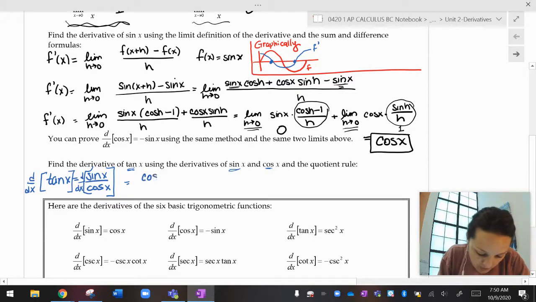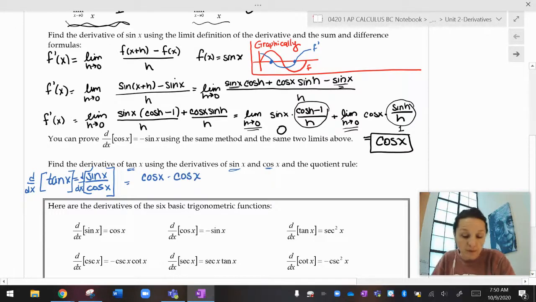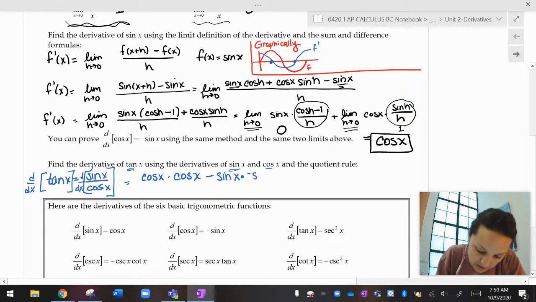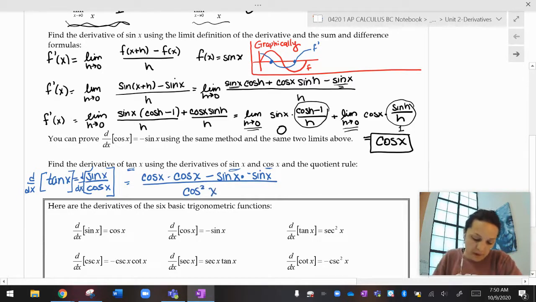I would have low d high, the derivative of sine is cosine, minus high d low, the derivative of cosine is negative sine, all over low times low, which would be cosine squared.